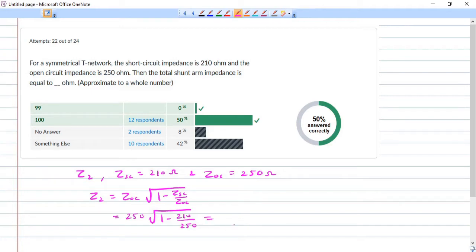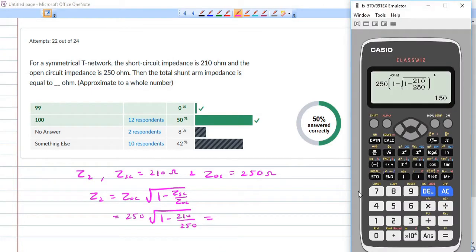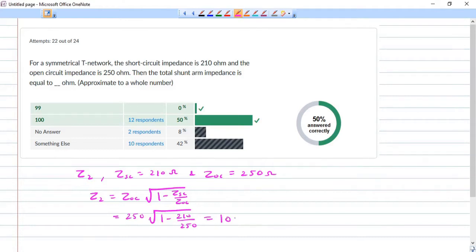So that is equal to 100 ohm. Okay, so that's the correct answer for this.